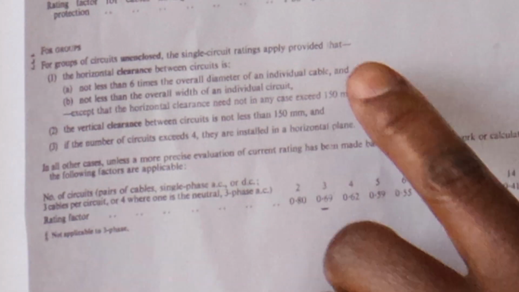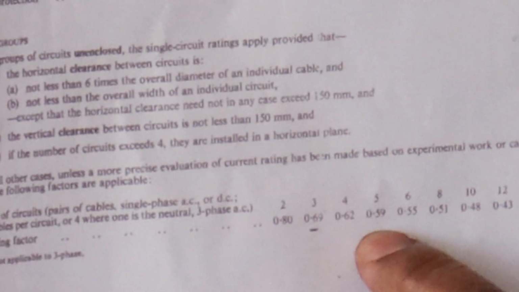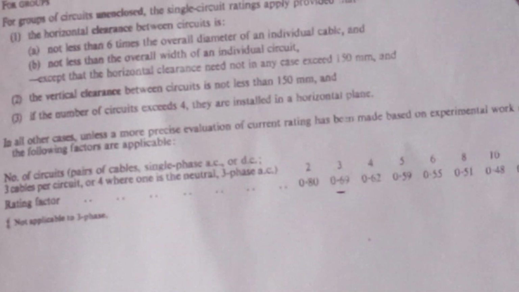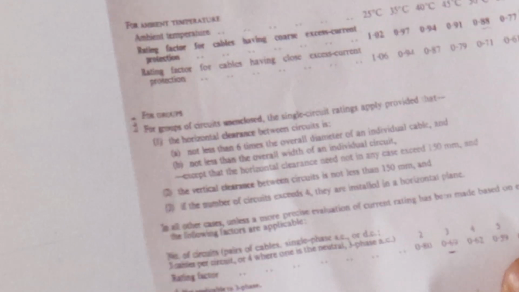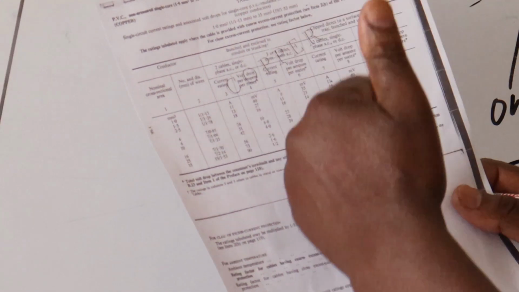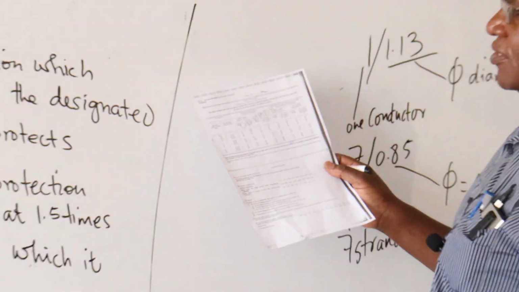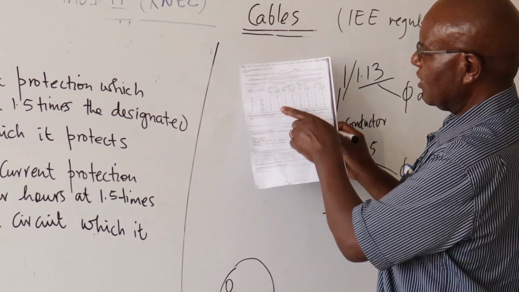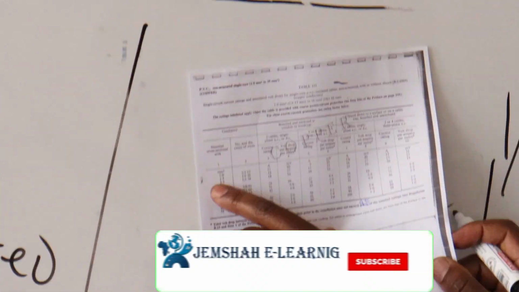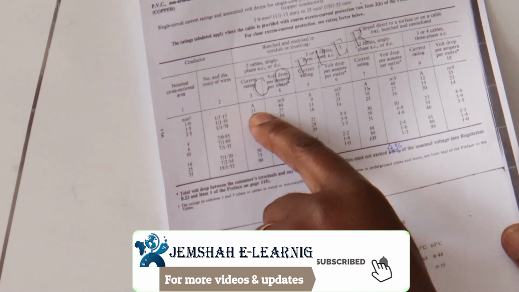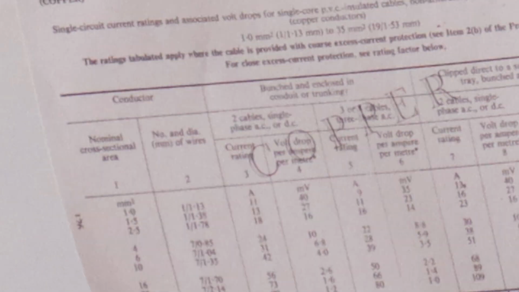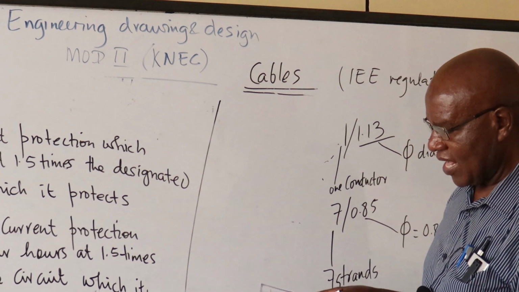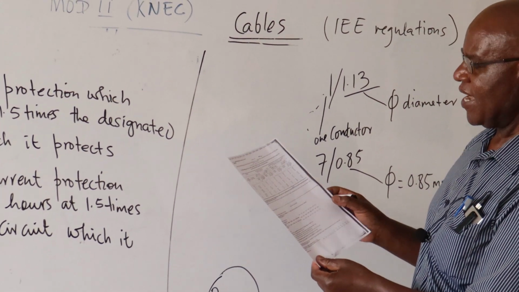And if there are 5 circuits, you get a factor of 0.59 for your current carrying capacity. So you can see the current carrying capacity of our conductors is affected by many other conditions. And that's why, for example, a current carrying capacity of 11 amperes, we are using it for lighting circuits, and our lighting circuits carry currents in the order of milliamperes. These derating factors are the ones which lead to that kind of scenario.